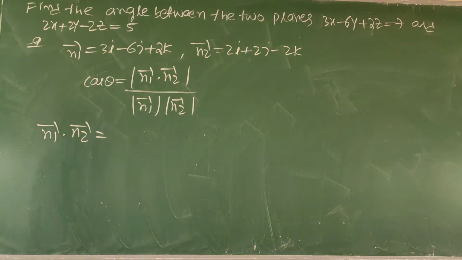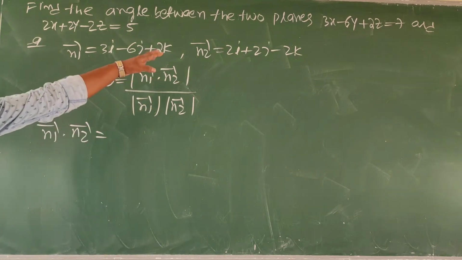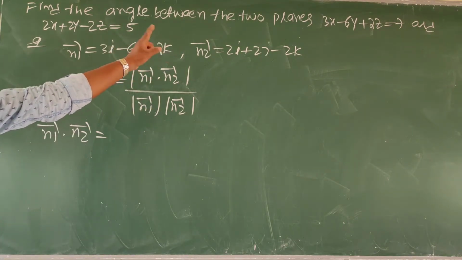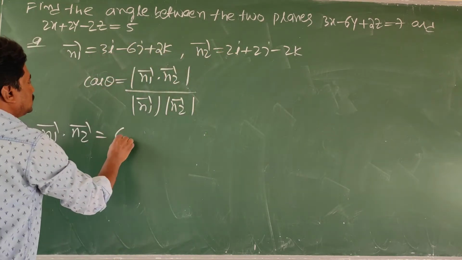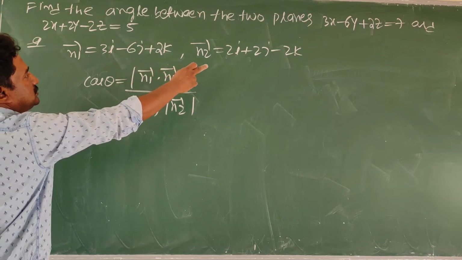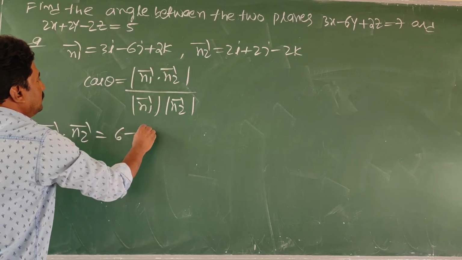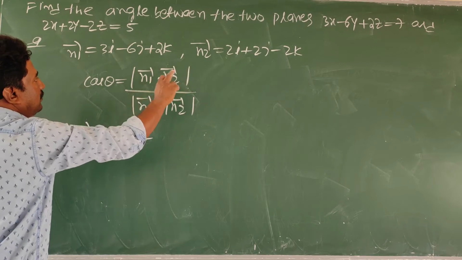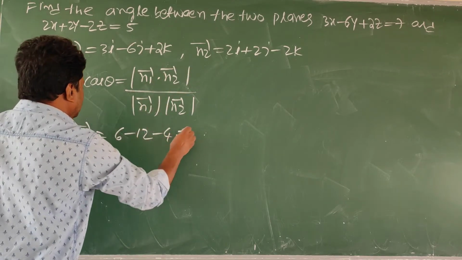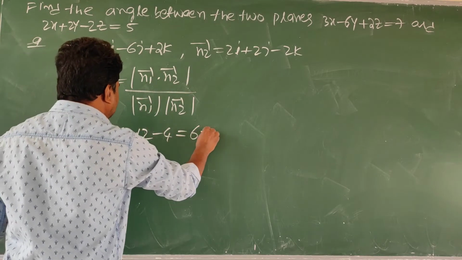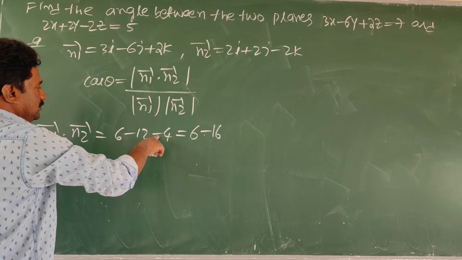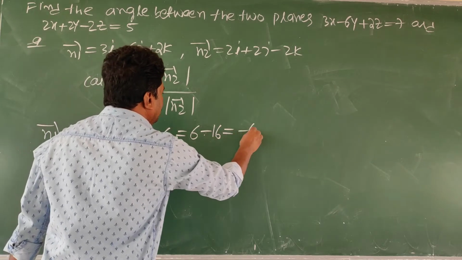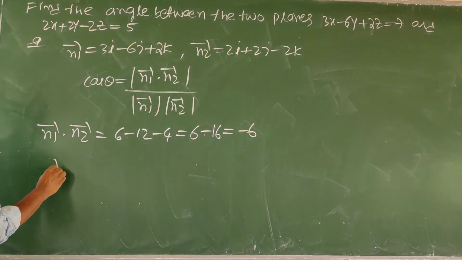You know how to find the dot product, it is so easy. i with i: 2 times 3 is 6. j with j: minus 6 times 2 is minus 12. k with k: 2 times minus 2 is minus 4. So 6 minus 16, which is minus 6.